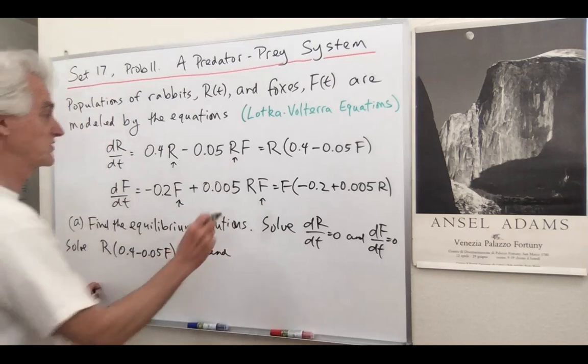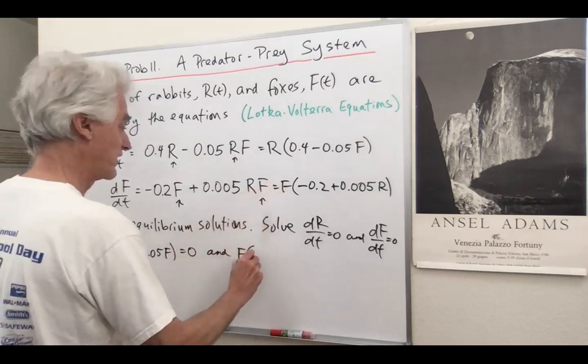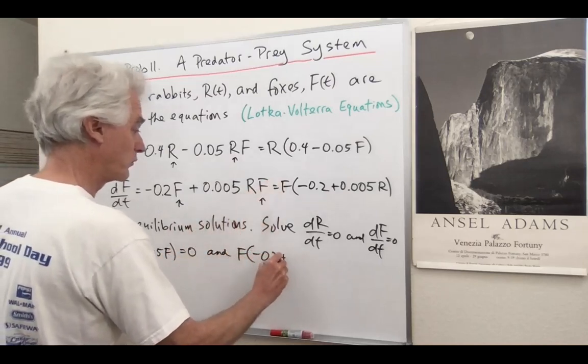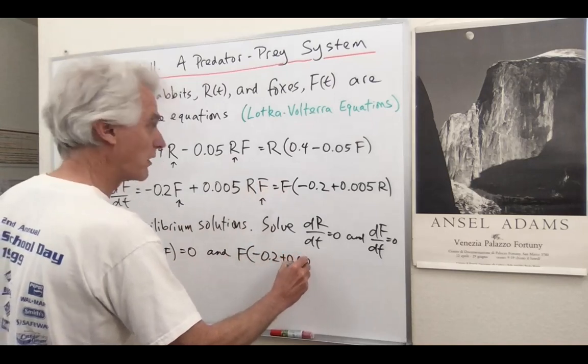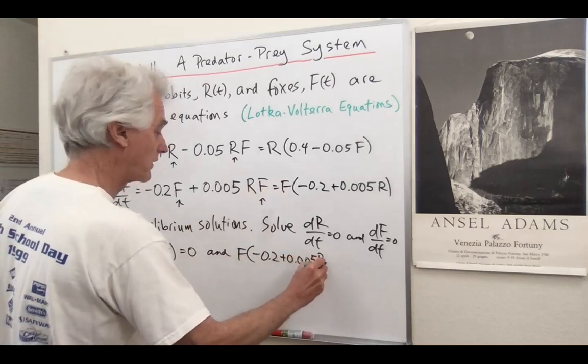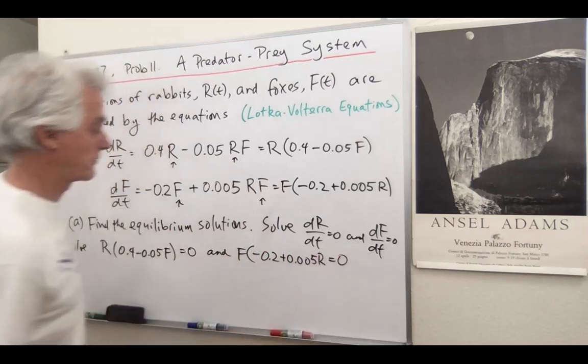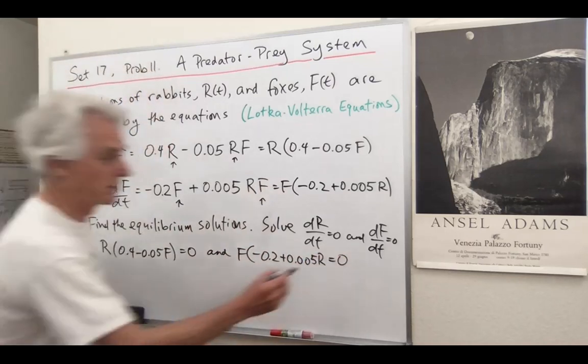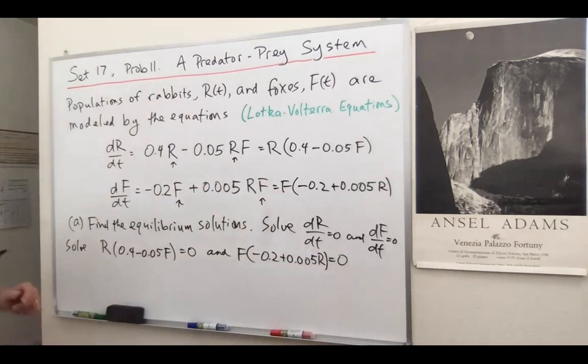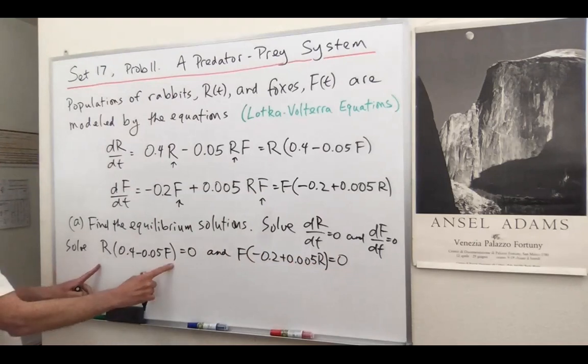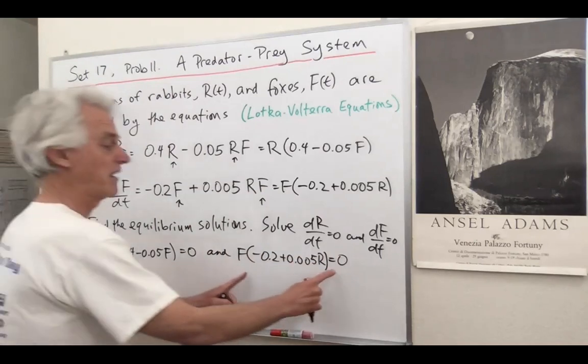And we also need f times (negative 0.2 plus 0.005r) equals 0. That's the condition that dr dt is 0 and df dt is 0.